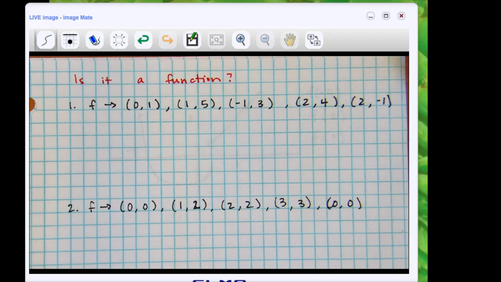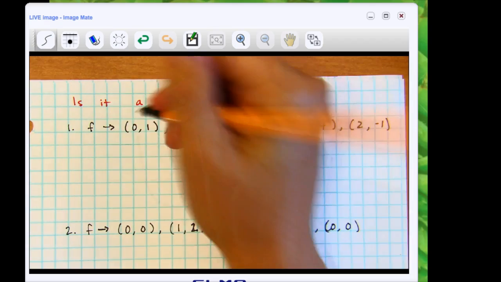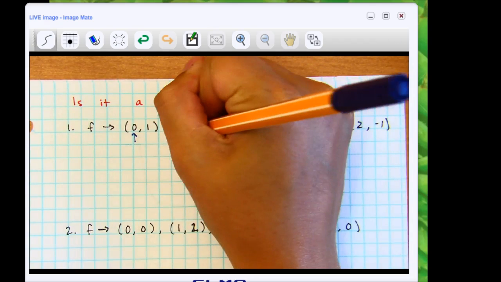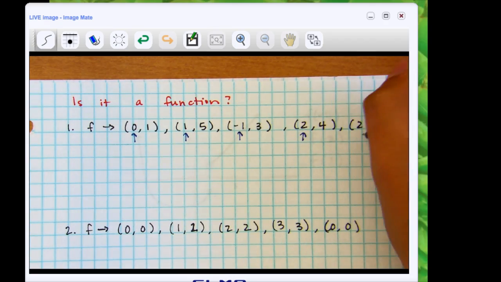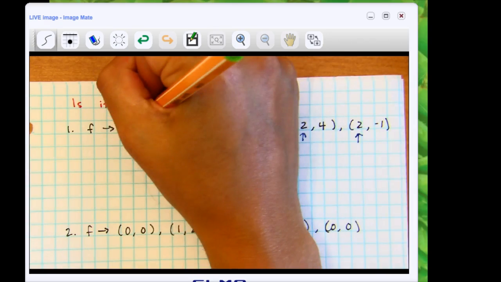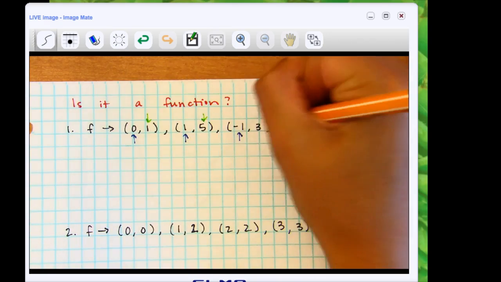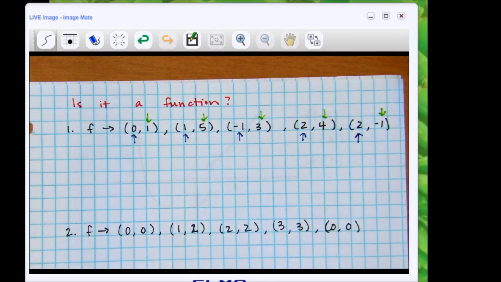Looking at this first set of coordinates, or my first set of ordered pairs, I've got a set of inputs, so all of my x values. And I have a set of outputs, so all of my y values.